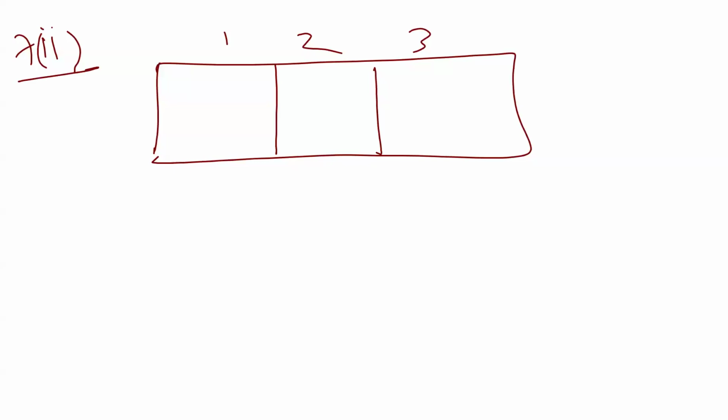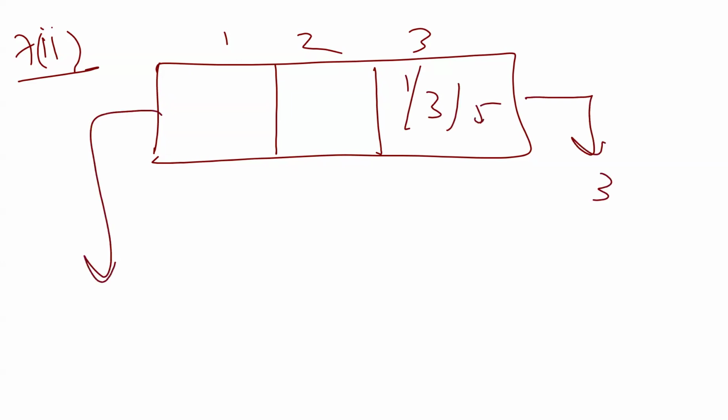So 1, 3, and 5 over here. So these are 3 ways. This will be 2 and 4. So these are 2 ways. And all three are not utilized.